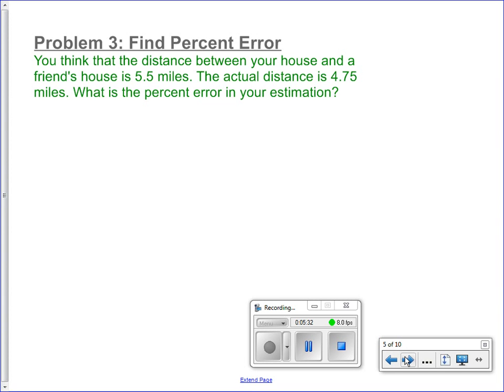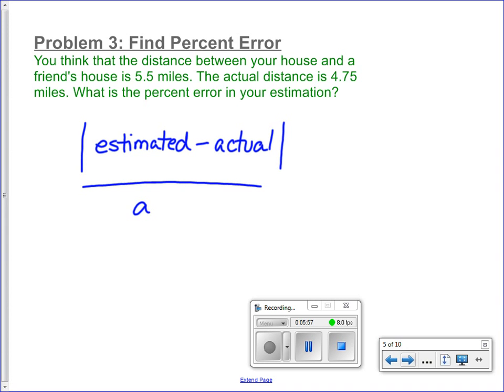All right, well, remember that the relative error was defined as the absolute value of the difference in the estimated, let me just write it out, the estimated minus the actual, all divided by the actual.